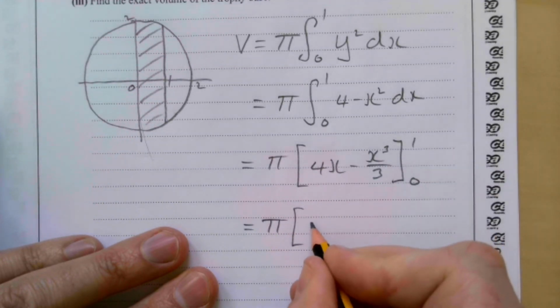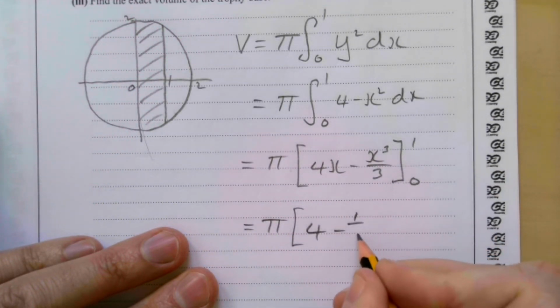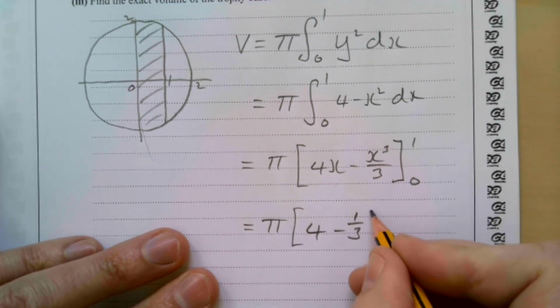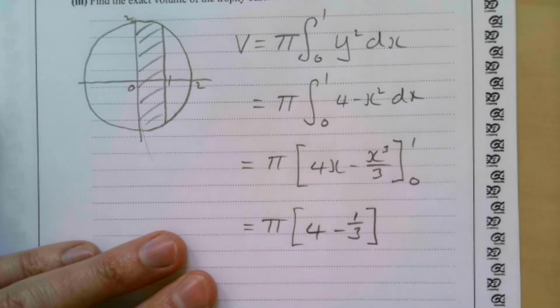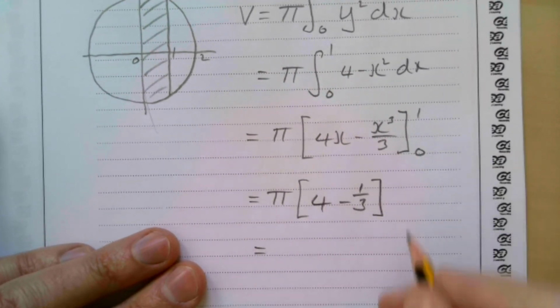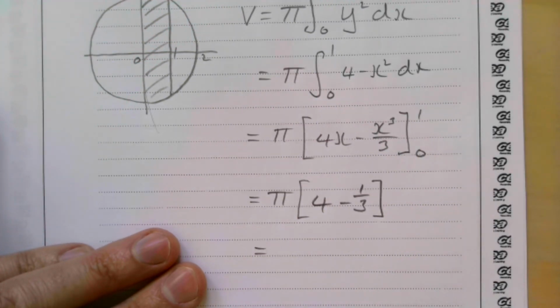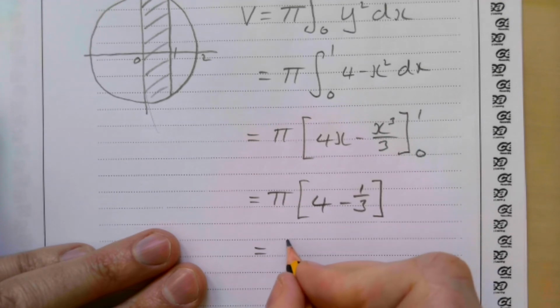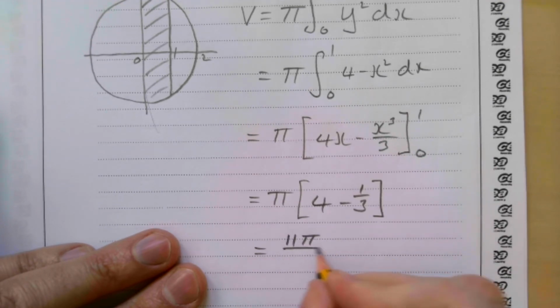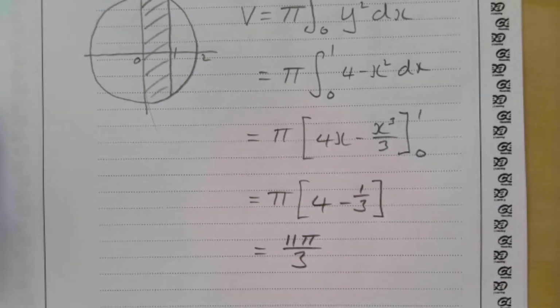Substitute 1 in, so it's 4 take away a third, and then the 0 gives us nothing. So 4 take away a third gives us 3 2/3, which is 11 pi over 3.